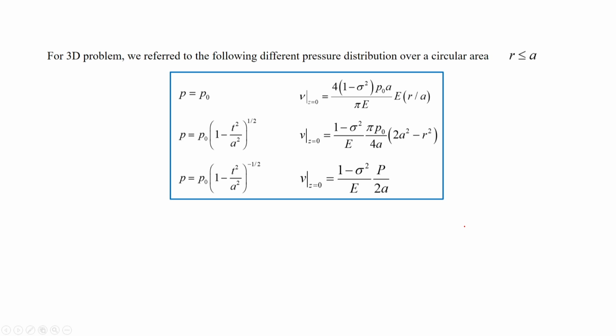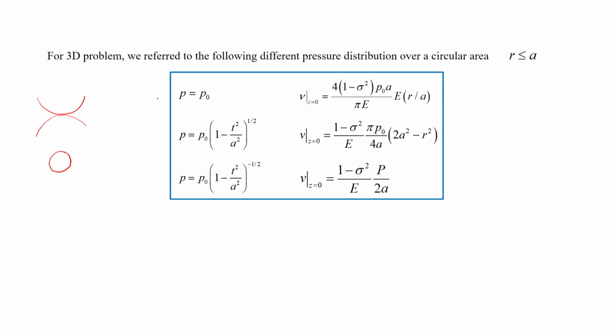Now for 3D geometry, when we were considering the spheres in contact, the contact area was a circle. So that was a spherical geometry leading to a circular contact area.